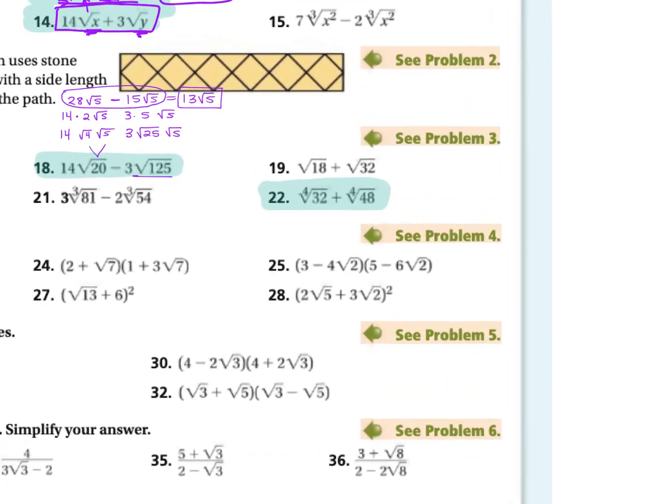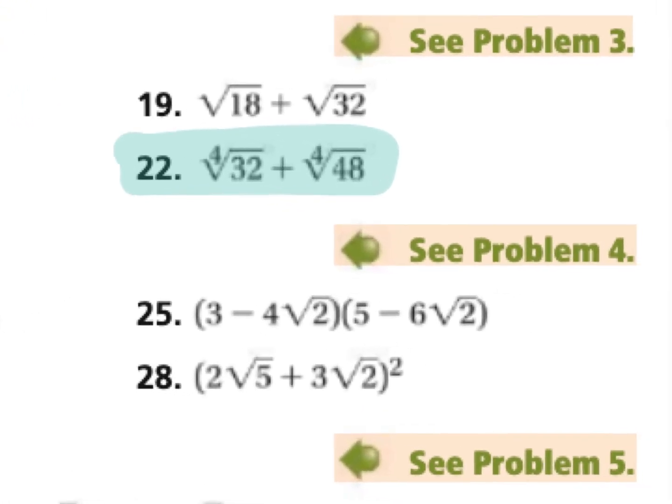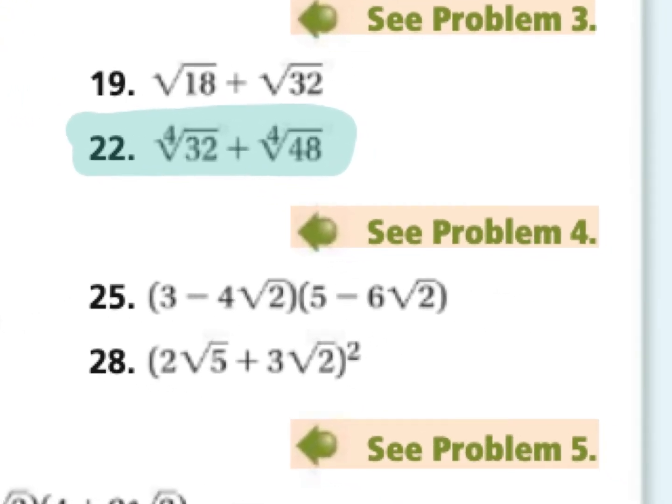Number 22. Fourth roots always tend to be a little trickier for some. So think about what could be a fourth root. The fourth root of 32, we can break into fourth root of 16 times the fourth root of 2.